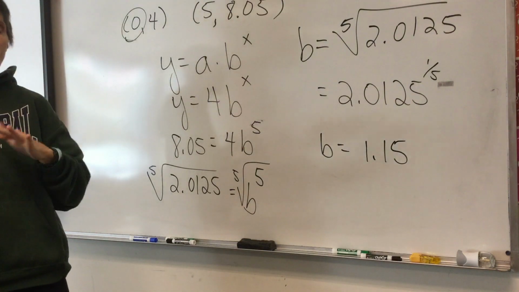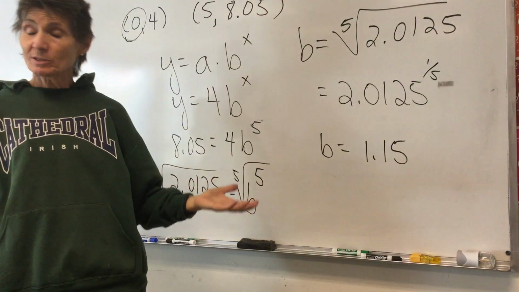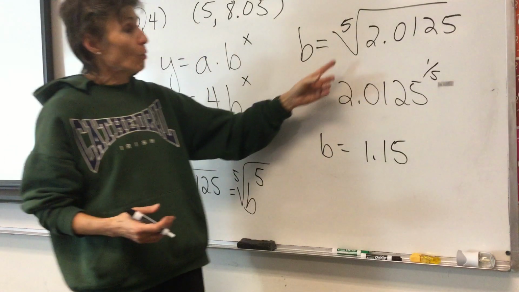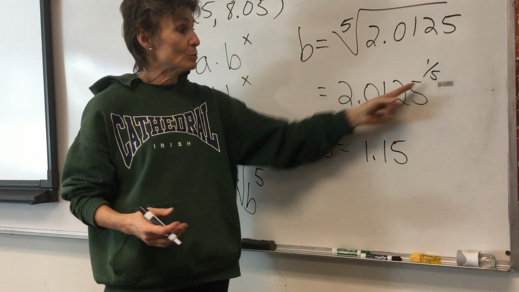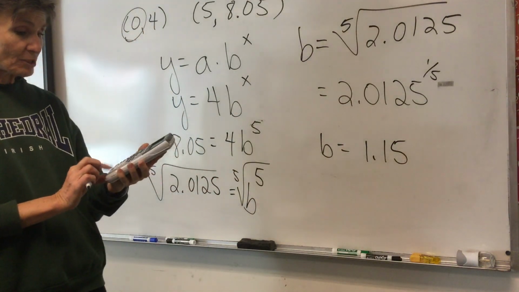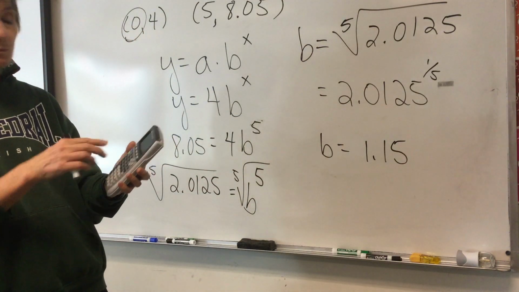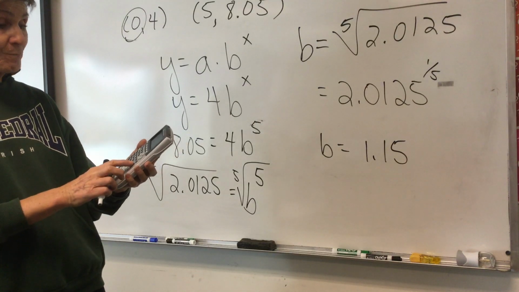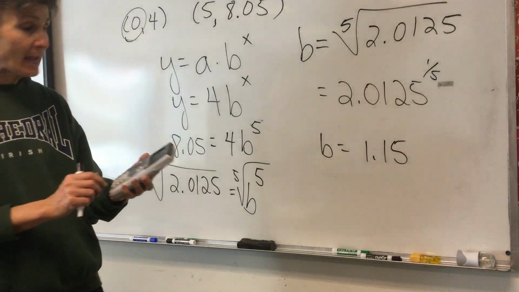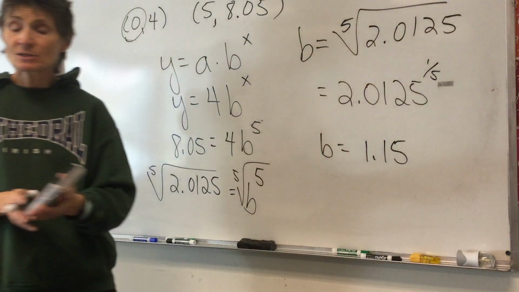Now, for me, that's an automatic move because I'm a teacher, been doing this for centuries, and I'm very comfortable with exponents. So I recognize that a 5th root is the 1/5 power. So I just take my 2.0125 when I get it on my calculator and raise it to the 1/5 power. And of course, I'll get exactly the same answer.